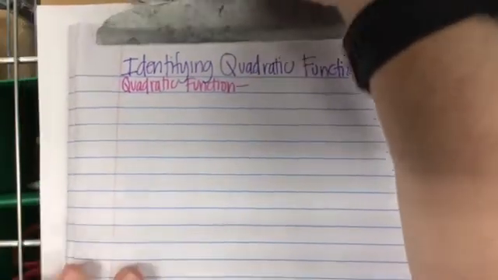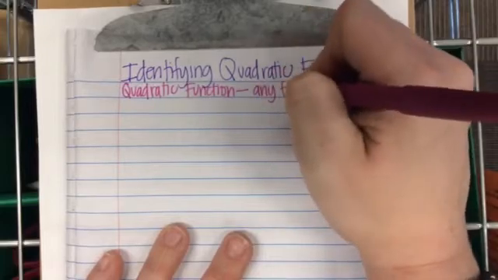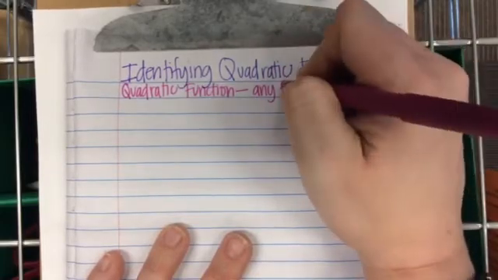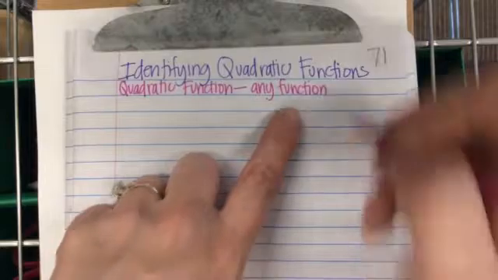A quadratic function is any function. Now you're going to have to think back all the way to linear when we did lines. Function is a fancy word for what? Equation.